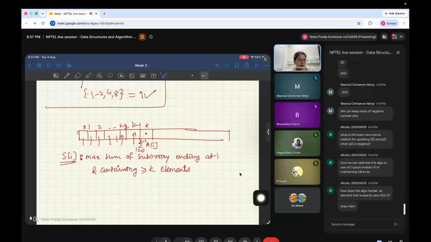And as you keep moving ahead, you will have more and more what you can think of as sliding windows, right?